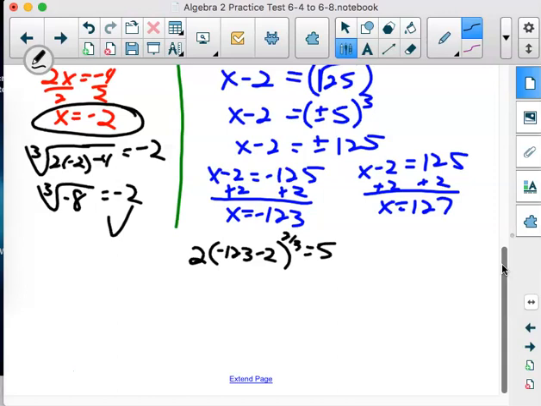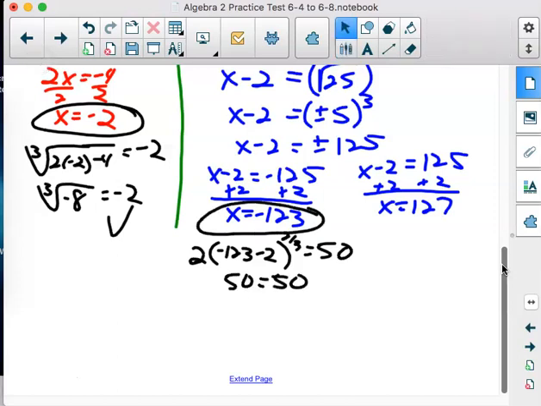Now that one, you might just want to punch into a calculator to make sure it works. 2 parentheses -123 minus 2 parentheses to the parentheses 2 divided by 3 power. Oh, I forgot to write the 0 down for 50. There we go. And it works. Same type of thing over here.